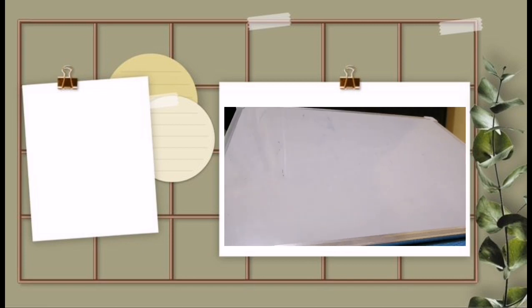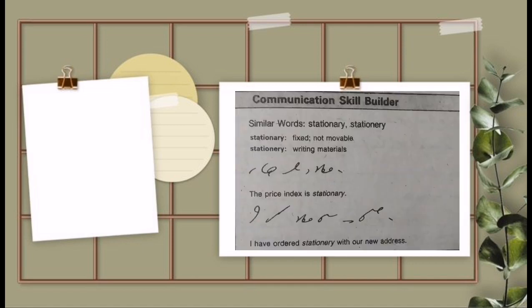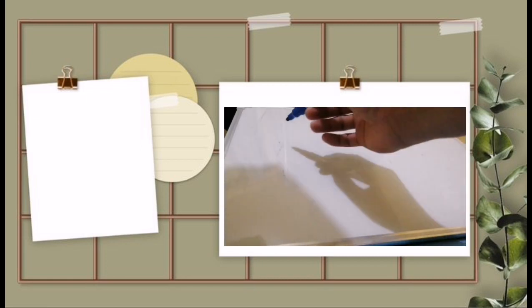And for our communication skill builder in lesson 43, the similar words are stationary and stationery. Stationary means fixed or not movable, while stationery means writing materials. So we have an example here. The price index is stationary. So this is how you write it.